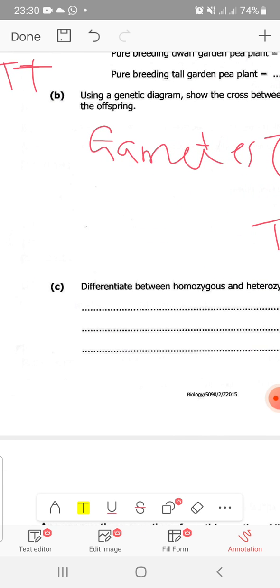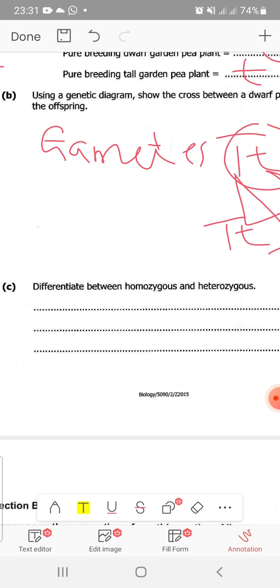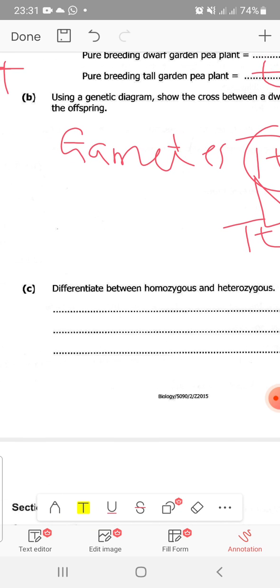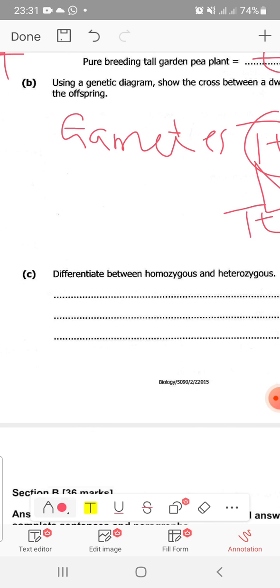Then distinguish between homozygous and heterozygous. Homozygous is a state where organisms have the same types of allele representing a particular trait. For example, if you are using tallness, when they both have capital T and capital T, this is the homozygous state because they have the same type of allele controlling the trait.